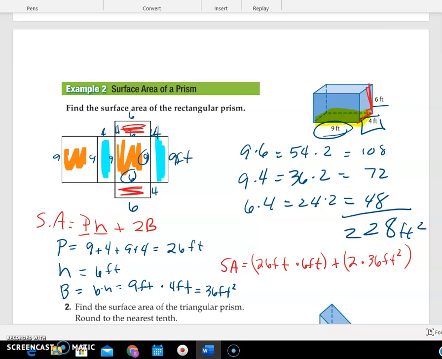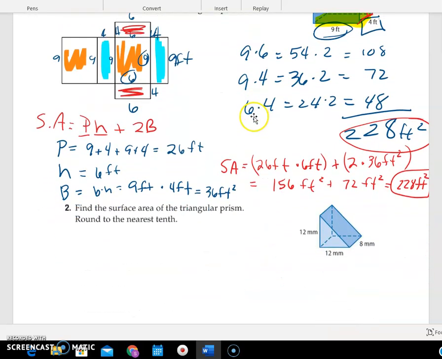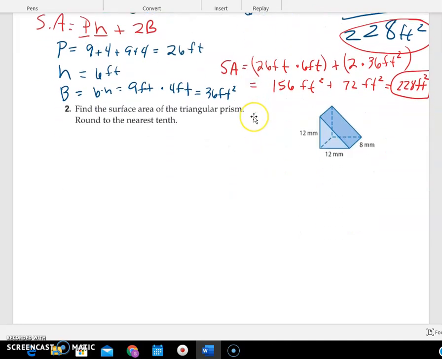And so that ends up being 156 feet squared plus 72 feet squared, which is 228 feet squared. So those are our different ways. We still get the same area, but those are the different ways of finding it. Now I'm going to use my formula because I think it's a little bit quicker.